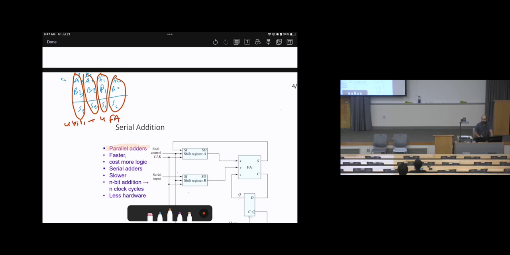However, if we use the benefits of the register and sequential logic circuits, instead of inserting the data in parallel, we can make them serial.